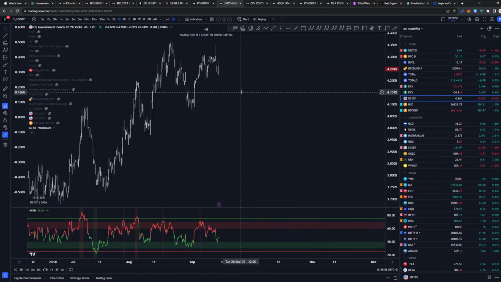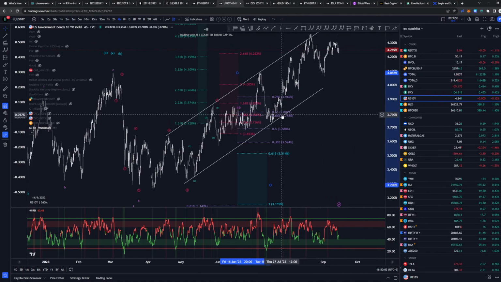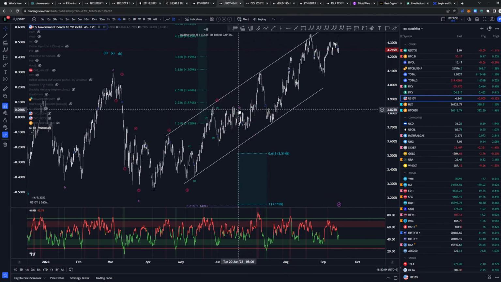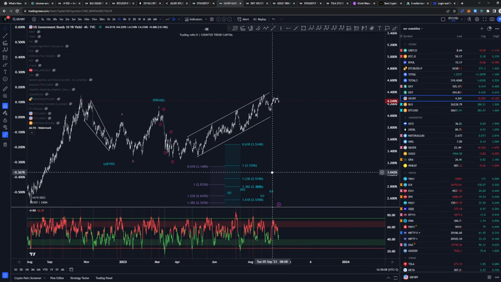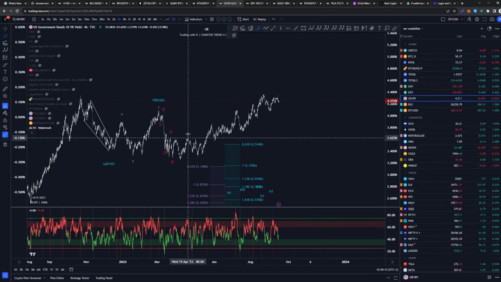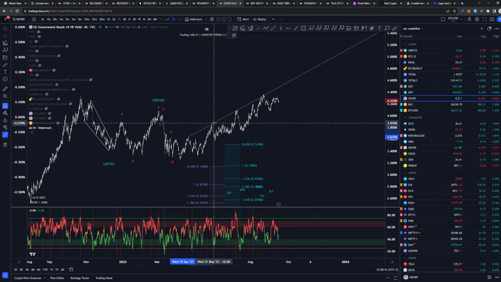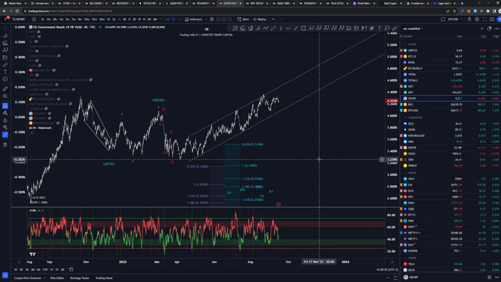Let's check out the 10-year yield here. This is so old of a chart, I haven't updated it for so long. Are we still in the same channel? Yeah, it is the same channel. Oh my god.